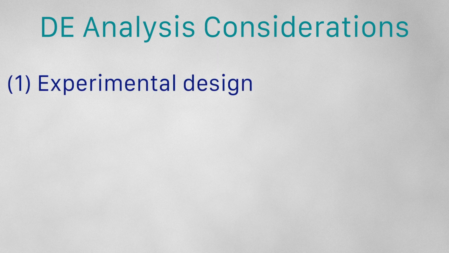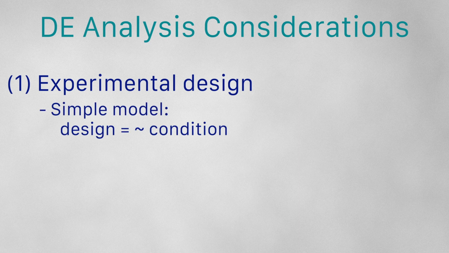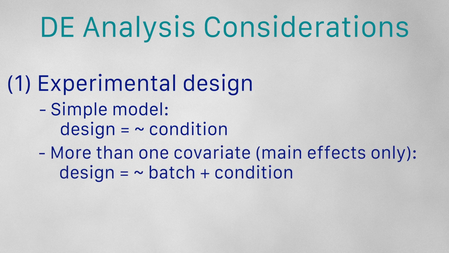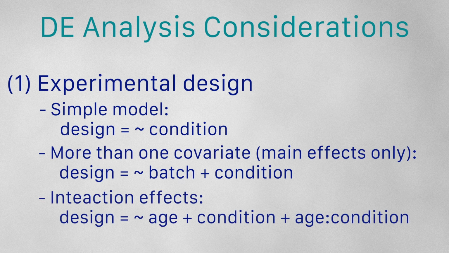First among these factors is the experimental design. In most scenarios, a simple model including only one covariate would be more than sufficient for most use cases. However, batch effects and other covariates can also be added in order to account for the effects of these factors. Interactions between covariates can also be used for more complex analysis.